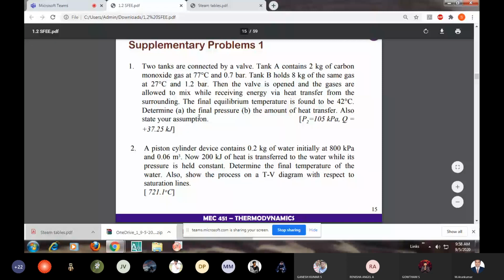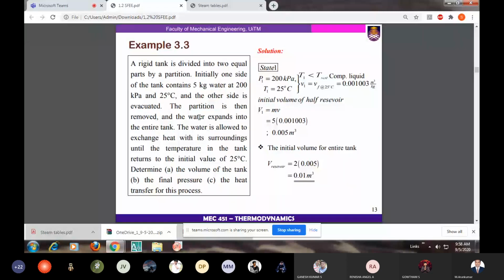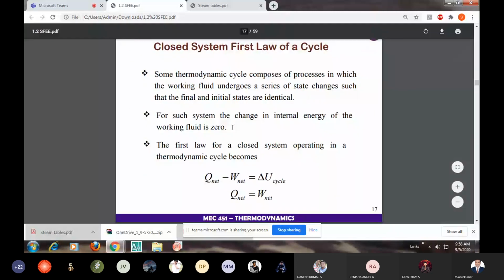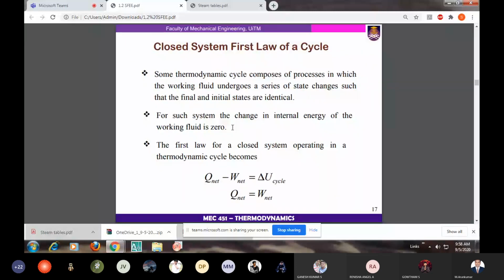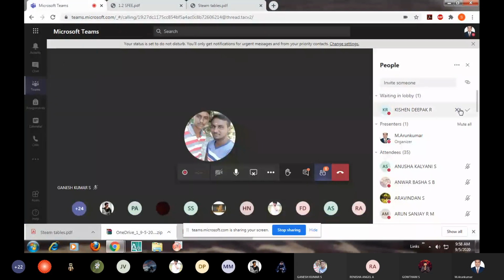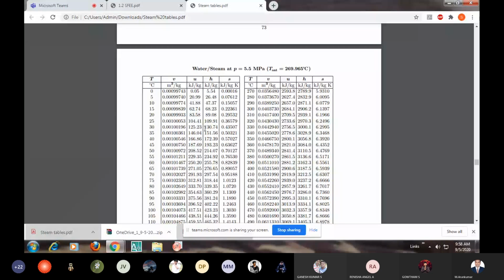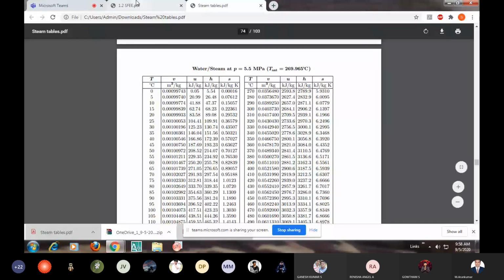Then we can have the idea. So also try to solve these problems. The only thing is we want to practice how to use these. Right. So just look at the steam tables, then we can solve the problems.